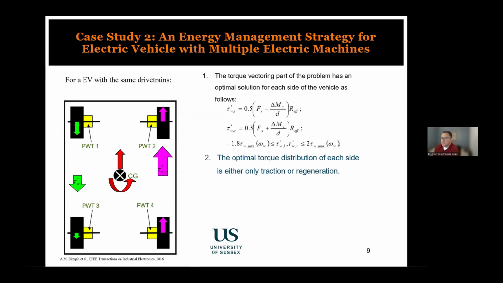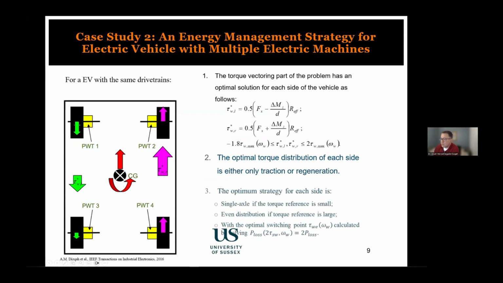We showed that such a problem can be solved for each side of the electric vehicle, so we simplified the problem. We also mathematically proved that the optimum solution cannot be a mix of traction and generation. So the optimal solution of each side is either generation or traction.